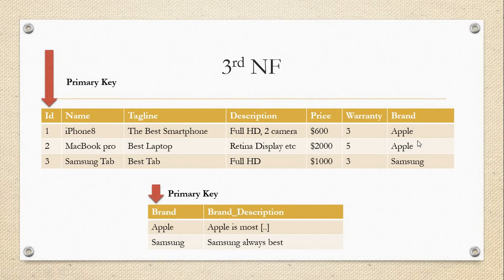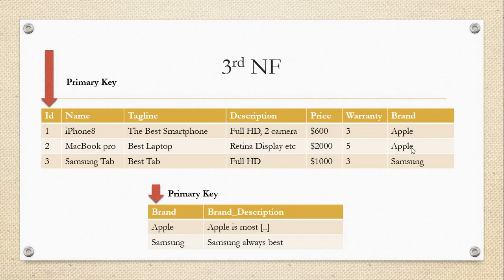Then we can say that this relationship is a many to one relationship. Multiple products will be associated with a particular brand. Apple is a big company, with iPhone 7, iPhone 8, 9, 10, MacBook, iPods. Different kinds of things are available, but the brand name is single.